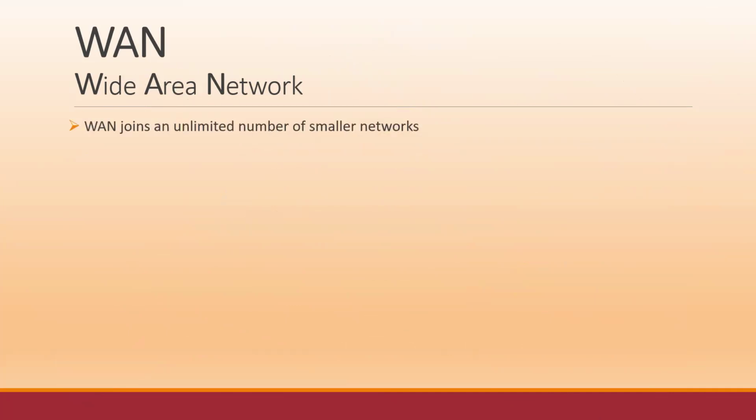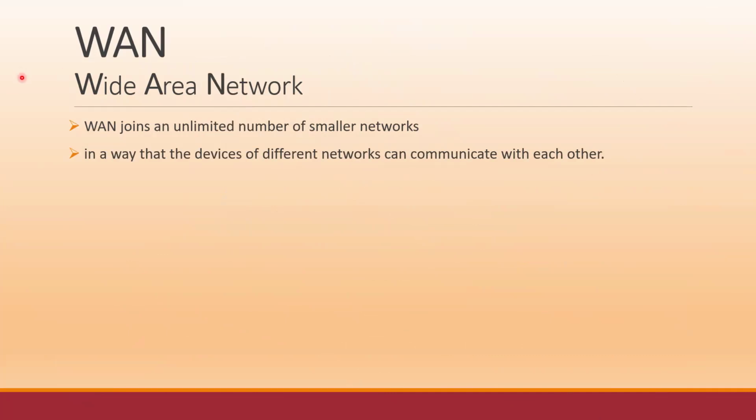WAN, wide area network. WAN joins an unlimited number of smaller networks. And if you remember one of the first slides of this presentation, there was a connection to WAN. WAN joins an unlimited number of smaller networks in a way that the devices of different networks can communicate with each other.